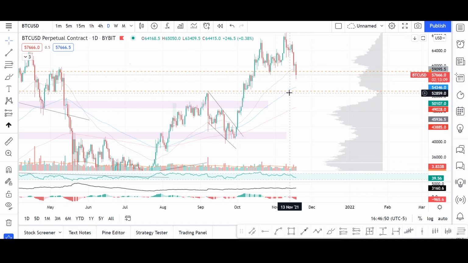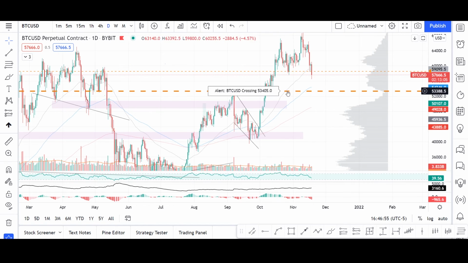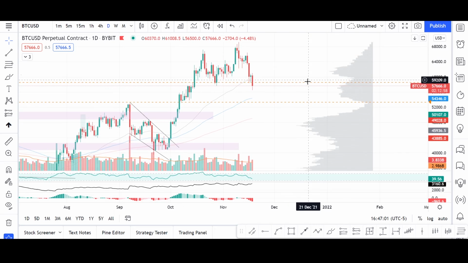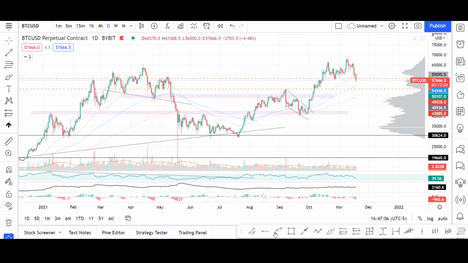Even more probable than 54 is one of the 52.5k. So yeah, we may watch it, but only in Fibonacci extension terms.